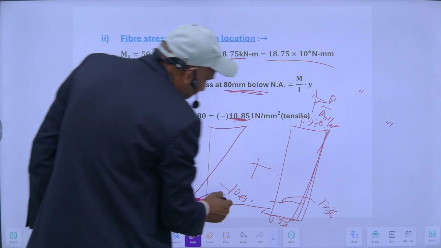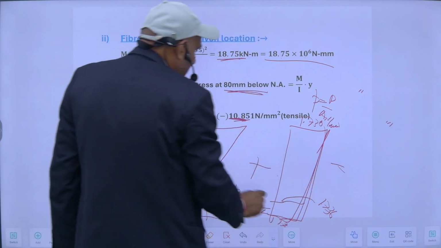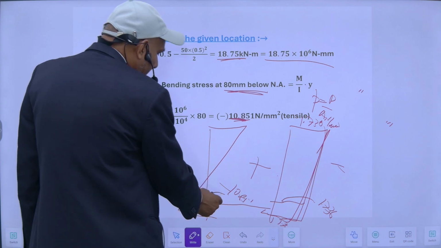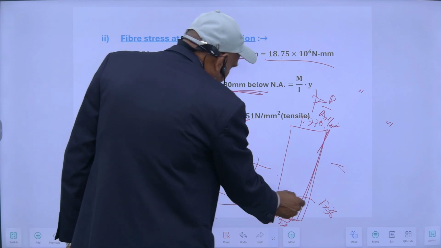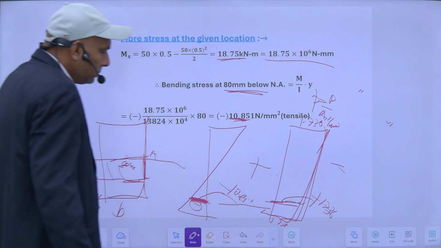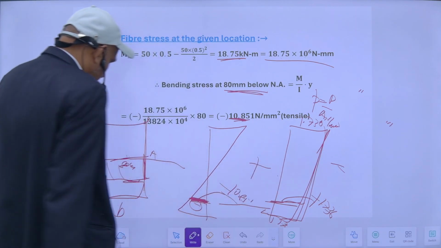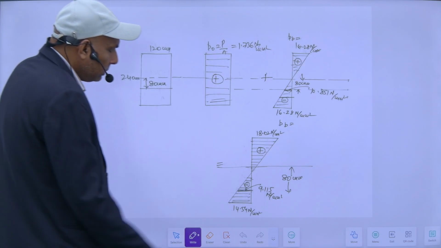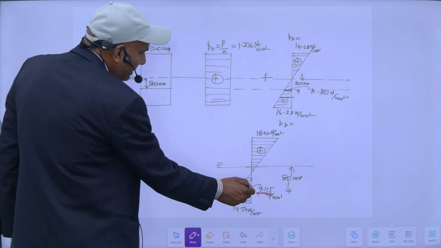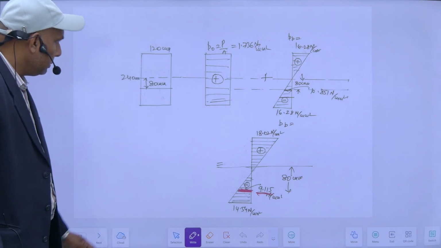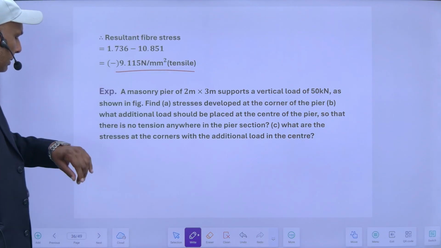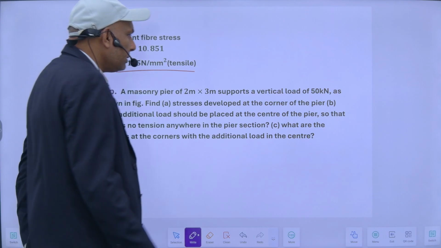So my final stress at this layer, I am interested only at this layer, will be minus 10.85 plus 1.736, so finally minus 9.115 Newton per mm square. I will get the stress at this layer. This is the answer.